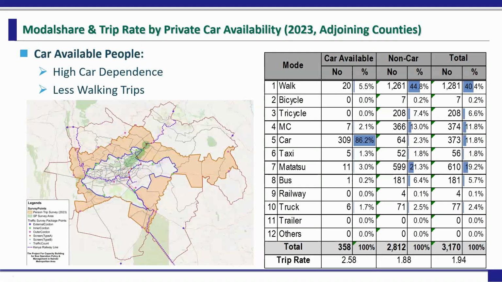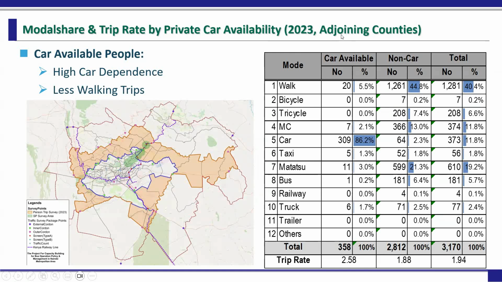So I compared the car available group and the non-car available group, especially focusing on last year's person trip surveys. This is the result for the adjoining counties in total. They compare the persons with a private car and the persons without a private car.